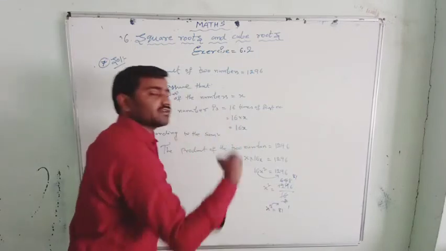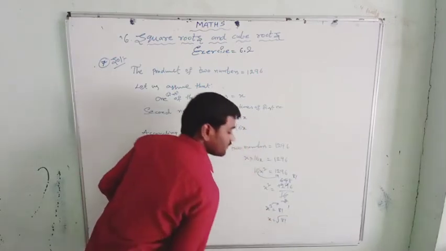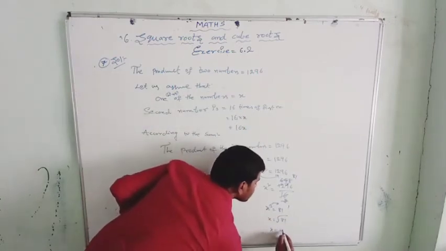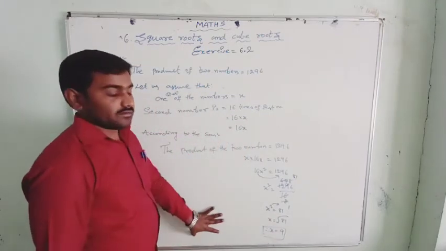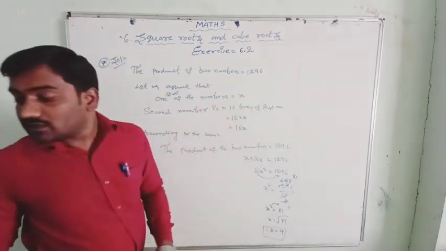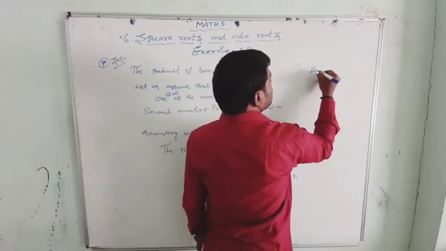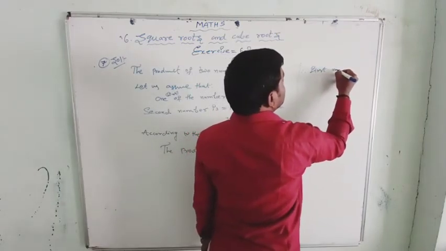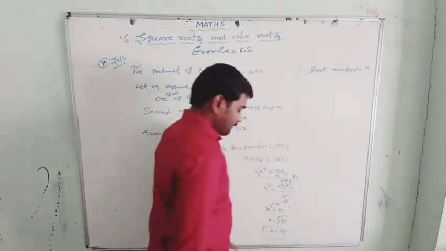When this square is transferred to the other side, it becomes a square root. So the square root of 81 equals 9. Now we need to find the two numbers. Therefore, the first number equals 9.